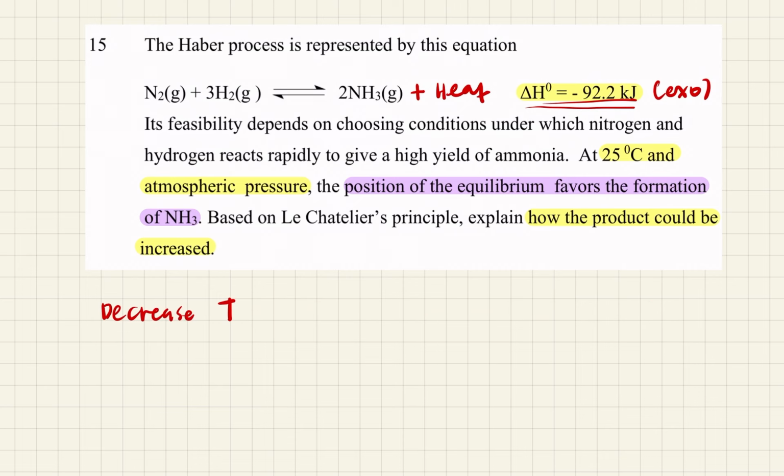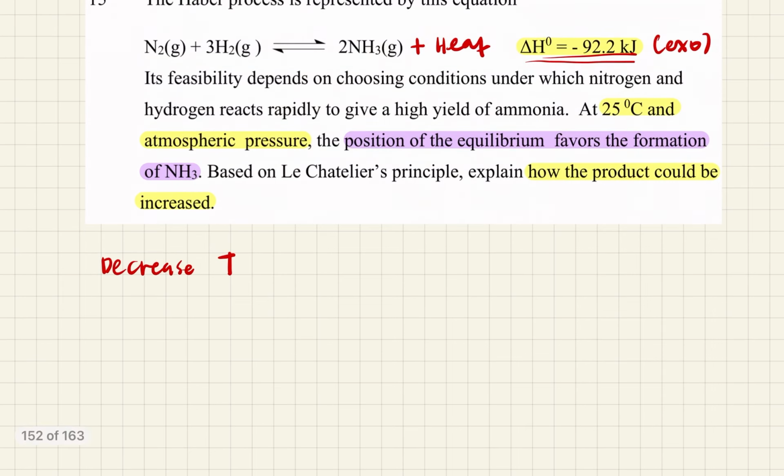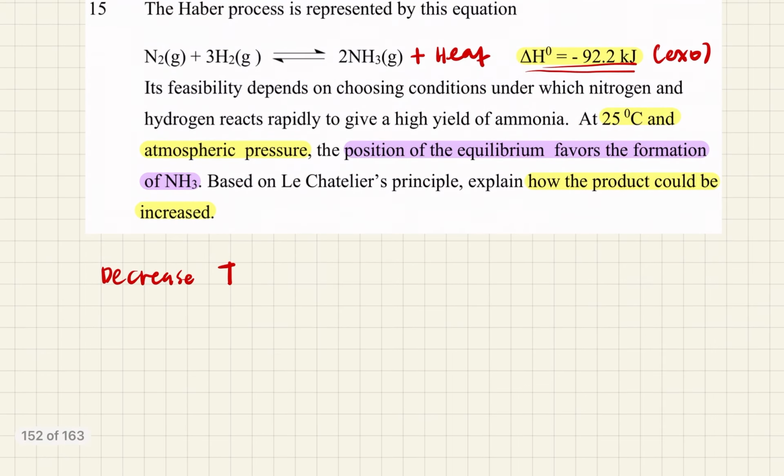Okay, next, how about pressure or volume? So pressure and volume ni it is inversely proportional, kan? So maksudnya, let's say if we use the point volume, maksudnya kita akan decrease the volume. Kalau kita decrease the volume, then the pressure will increase. Betul?